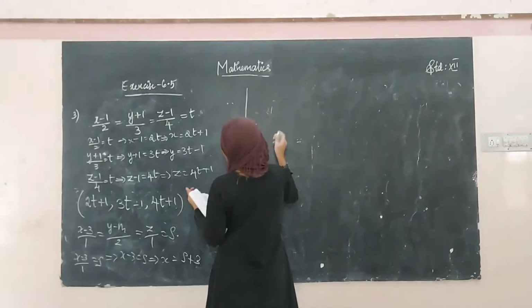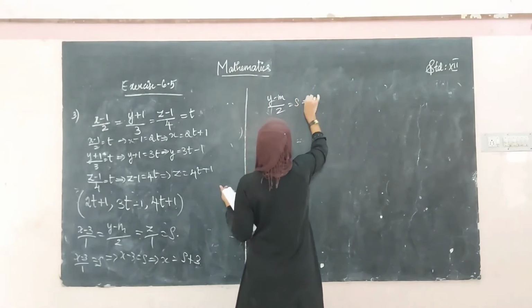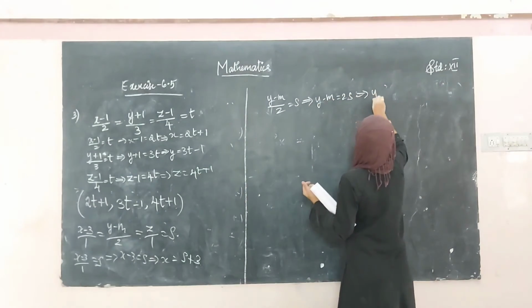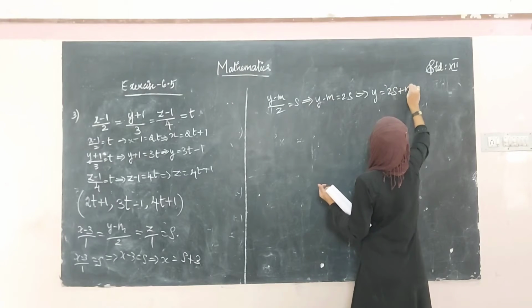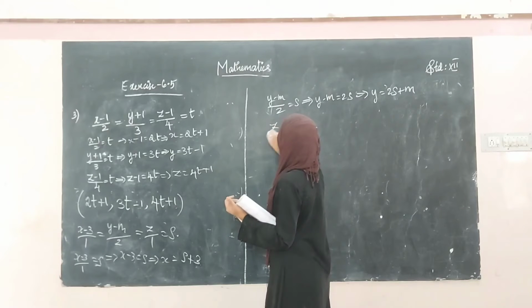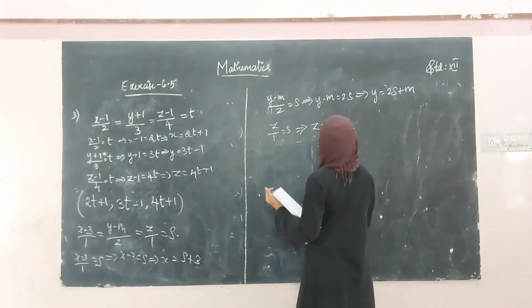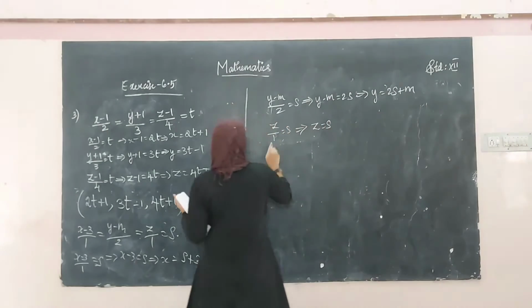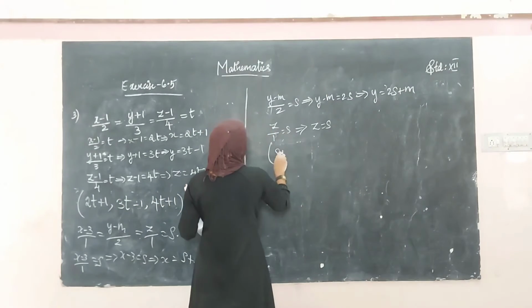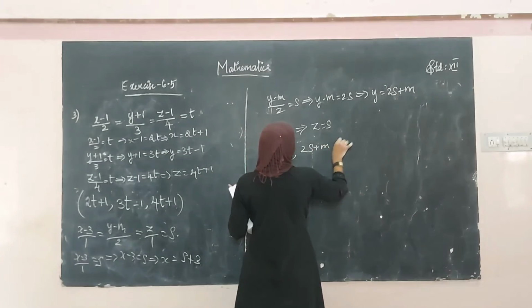Then the second term, (y minus m) divided by 2 is equal to s. Therefore y minus m is equal to 2s, so y is equal to 2s plus m. And what about the third term? z divided by 1 is equal to s. Therefore z is equal to s. So what are the points that we found here? It is s plus 3, 2s plus m, s.